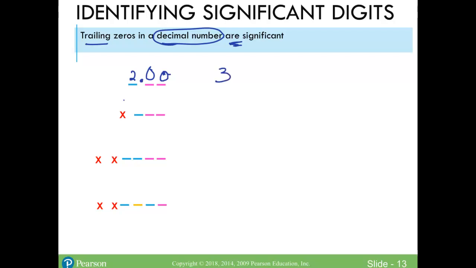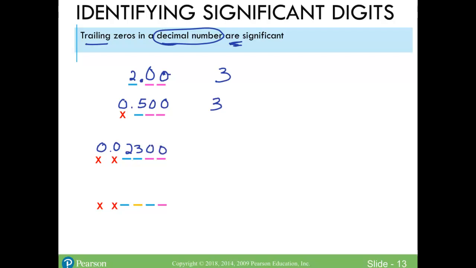If I had something like 0.500, how many significant digits is that? Well, the leading digit doesn't count in a decimal, but these trailing zeros do, so that's a 3. Suppose we had 0.02300.